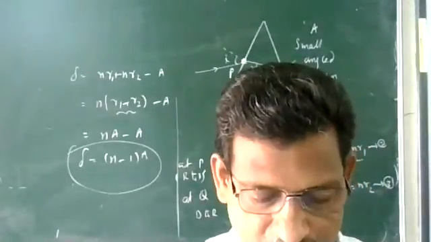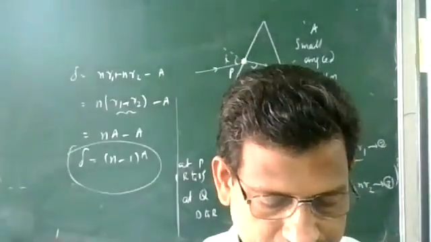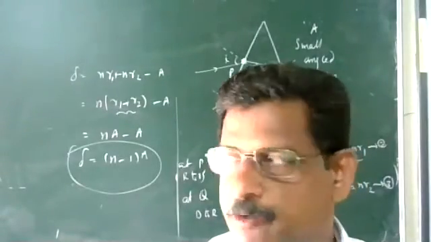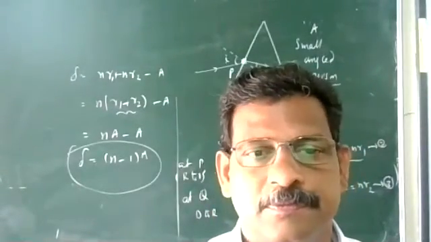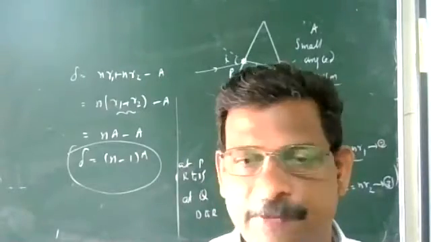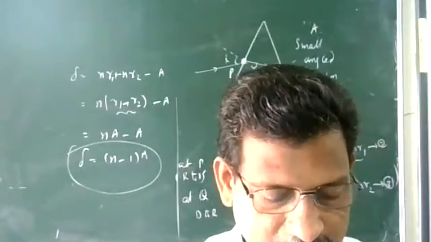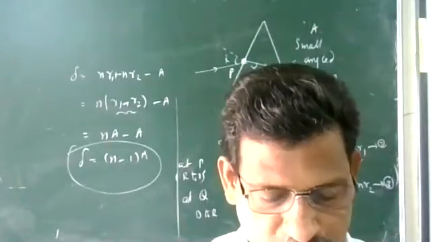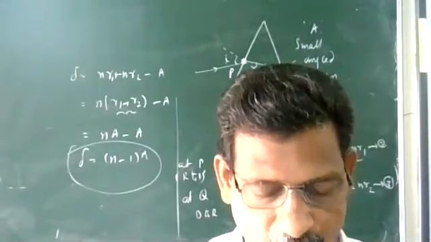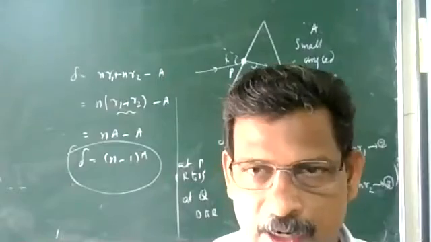Angle of incidence is 50 degree. I repeat, calculate angle of minimum deviation and refractive index of an equilateral glass prism, angle of incidence 50 degree.